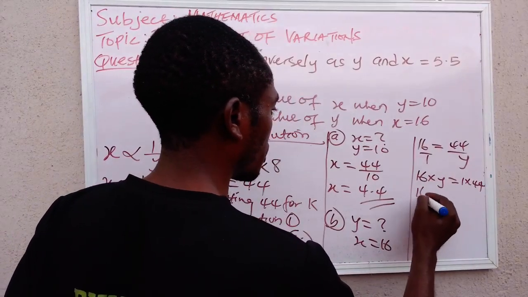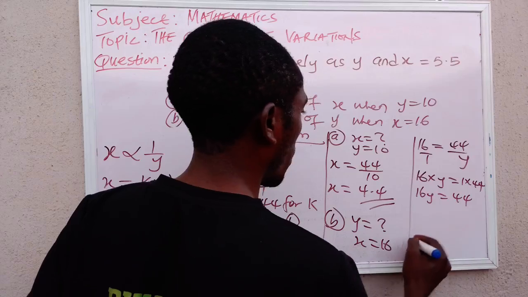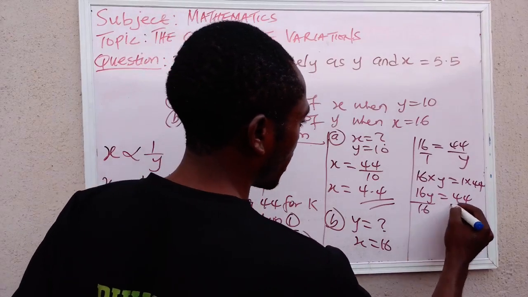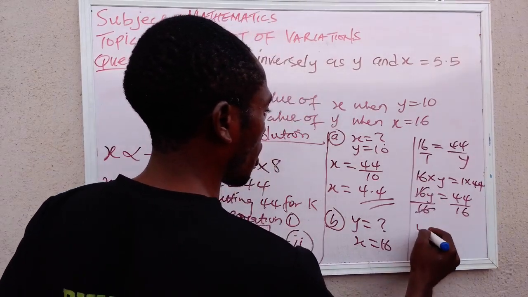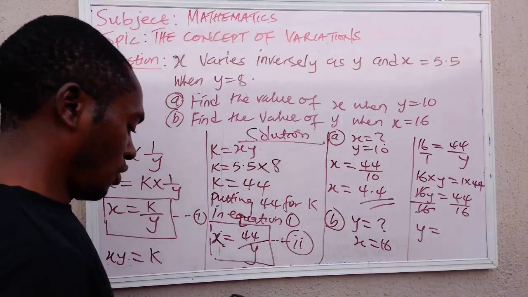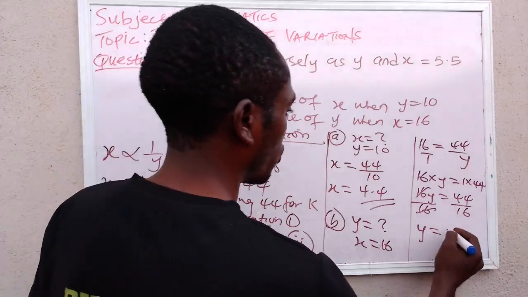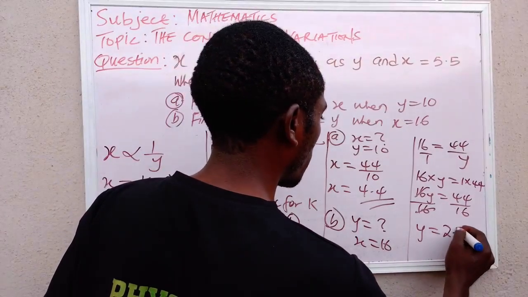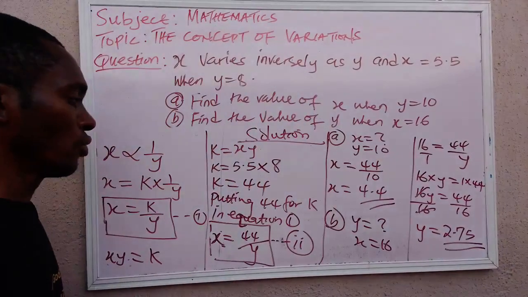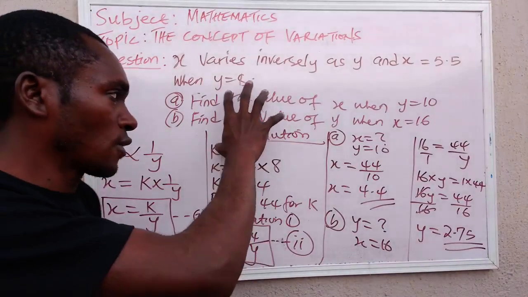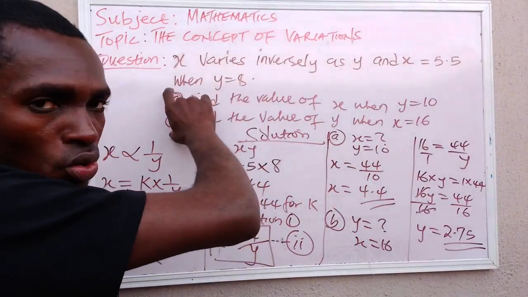So 16y equals 44. Now, looking for y, divide both sides by 16. This cancels this. You have y equals 44 divided by 16, which is 2.75.